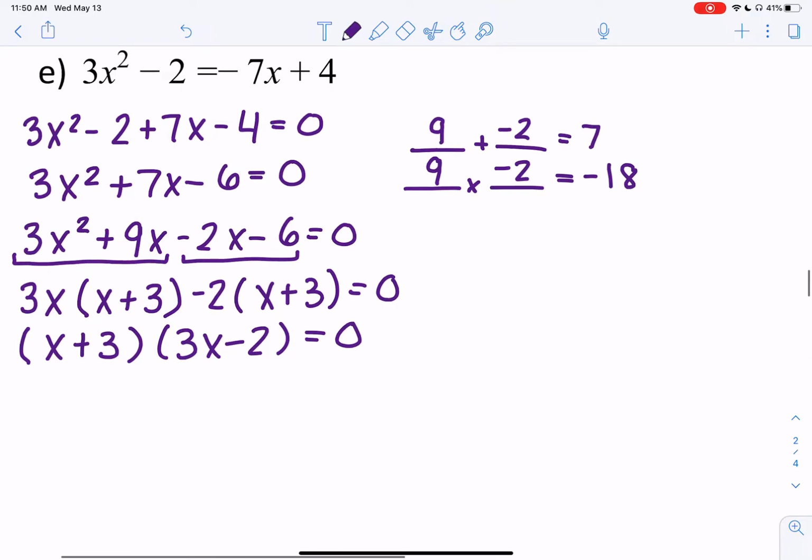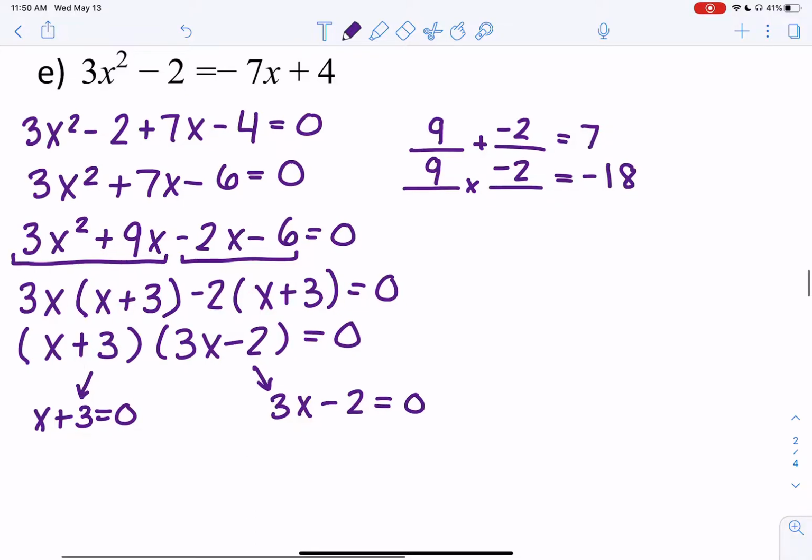Now, just like before, I can set these both equal to 0. So I'll have x plus 3 equals 0, and 3x minus 2 equals 0. And now I can just solve for those x's. I'll have x equals negative 3, and over here we have 3x equals 2, and x equals 2 over 3. So we have 2 answers that would make this expression true.